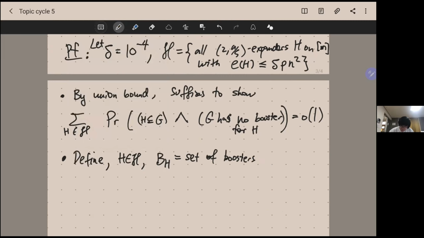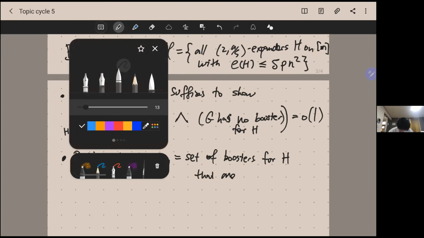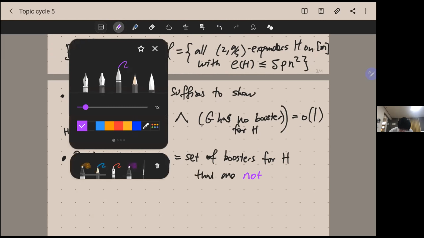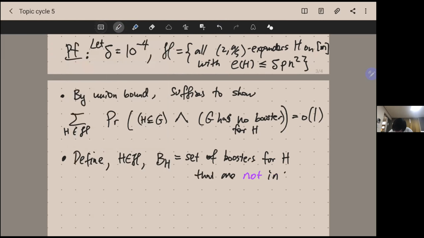Right, so the set of boosters for H, but that are not in E of H, okay?